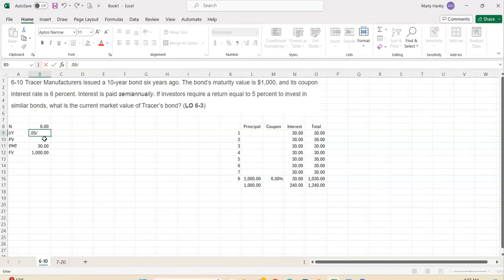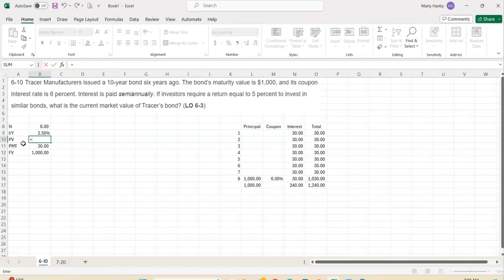It's what any professional would do, but academics are either idiots or they're trying to reinvent the world. So I've got my equal sign. Equals 0.05 divided by 2, and in this case it would be equals PV.